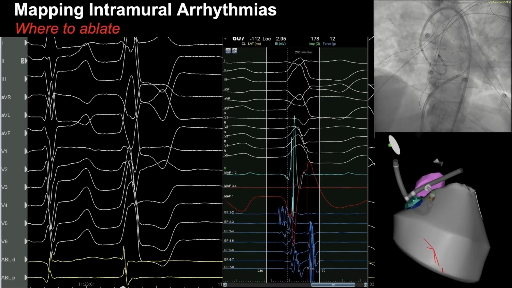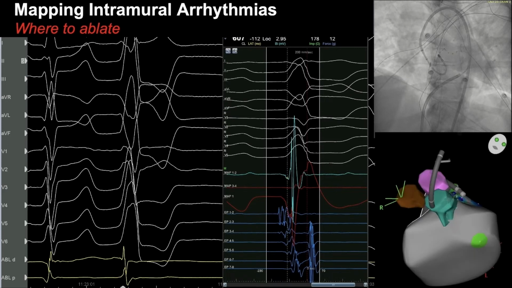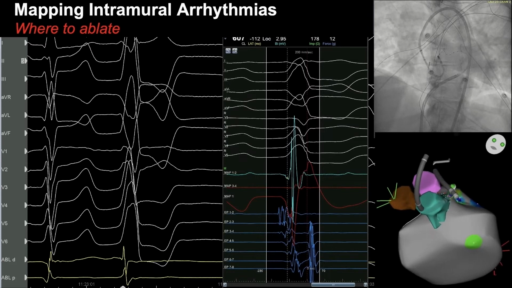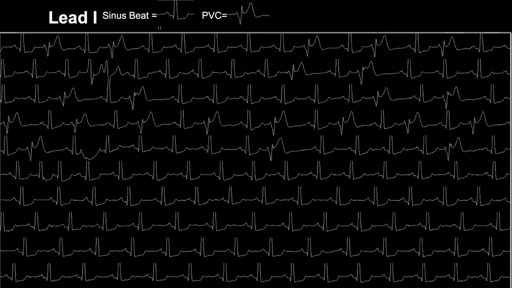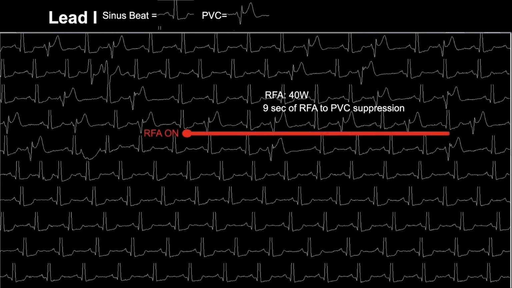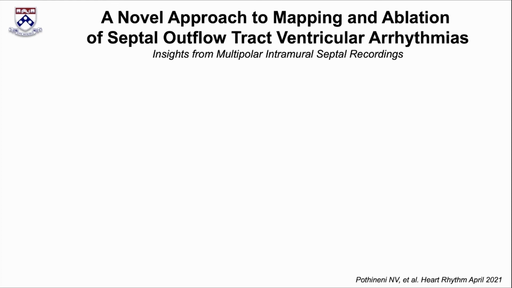However, ablation on this side is successful in eliminating the PVC. It usually takes a few seconds because you need to penetrate into the tissue, but it usually is successful, even though you would never suspect that you were late based on the endocardial activation.